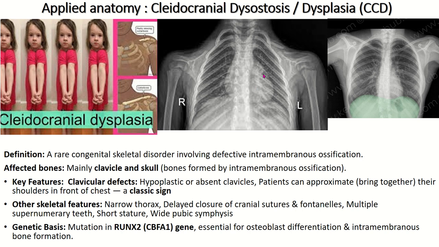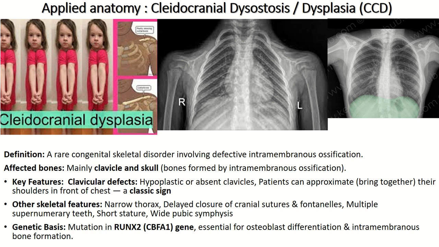Lastly, we discuss a congenital anomaly related to the clavicle: cleidocranial dysostosis or dysplasia, a rare congenital skeletal disorder involving defective intramembranous ossification. The affected bones are mainly the clavicle and skull bones, because they mainly ossify by intramembranous ossification.